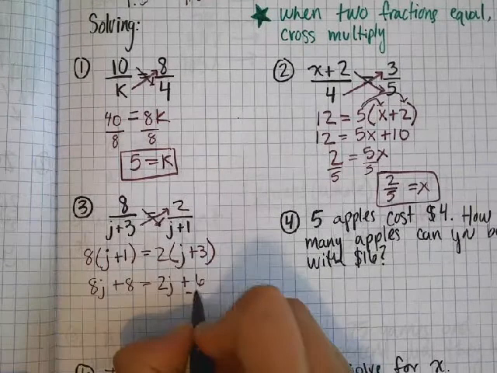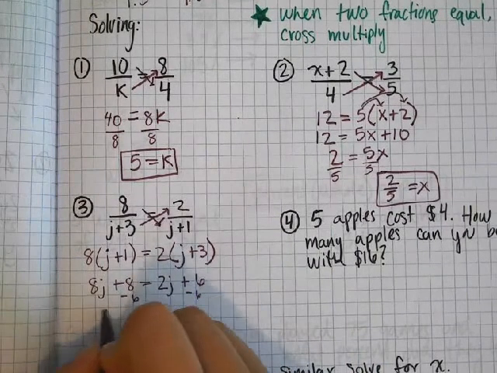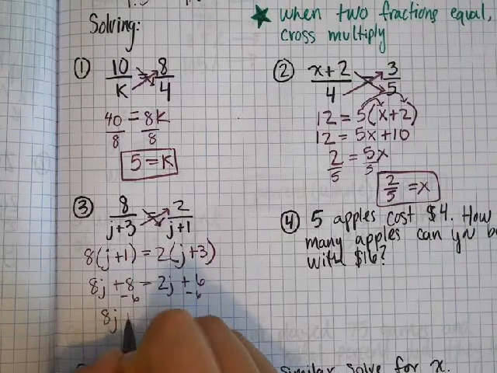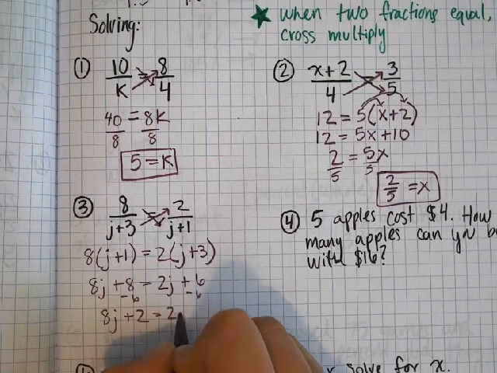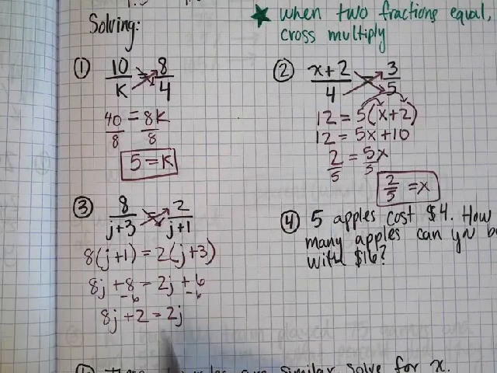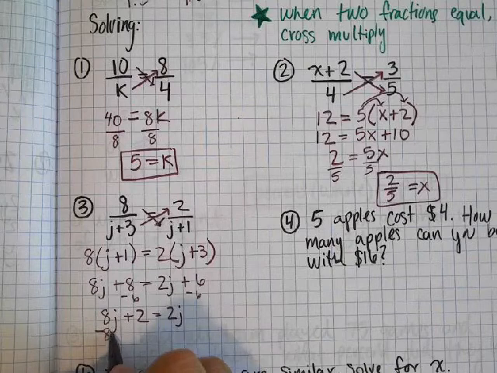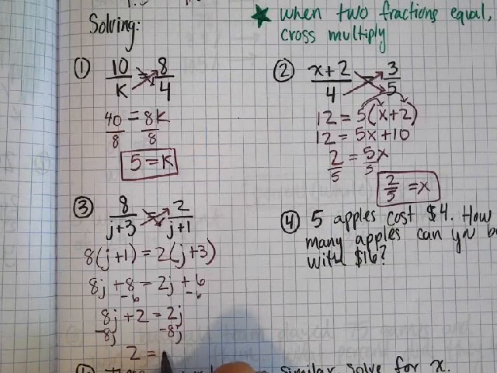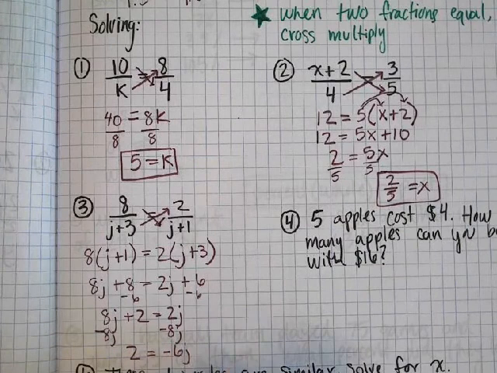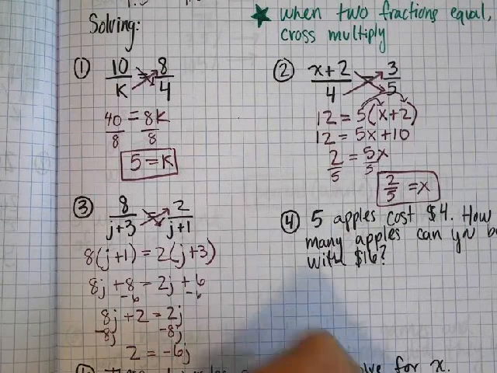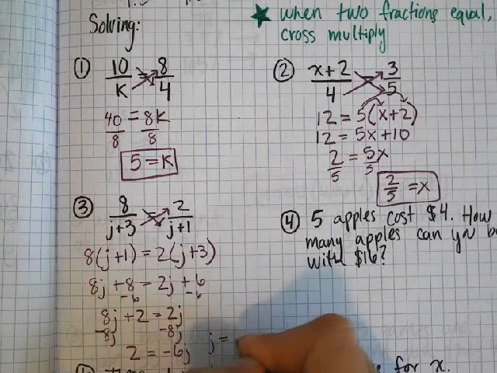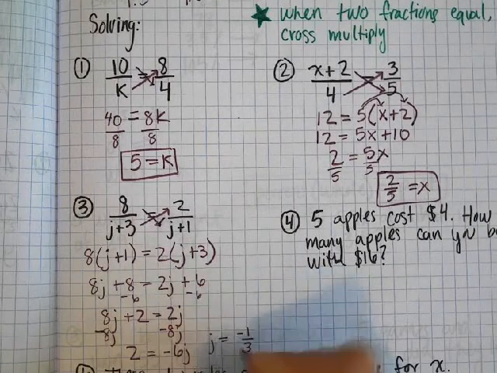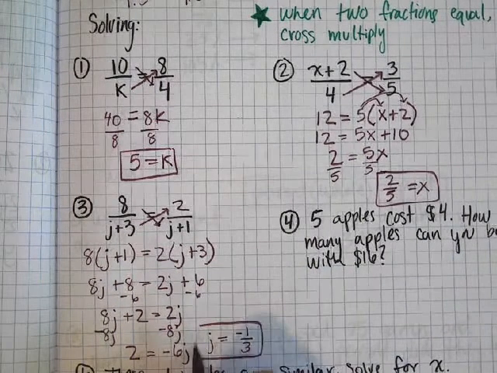All right, I'm going to subtract my 6 on both sides. I'm going to have 8j plus 2 equals 2j. And if I subtract my 8j, I have 2 equals negative 6j. And after I divide by negative 6, j is going to equal negative 1/3.